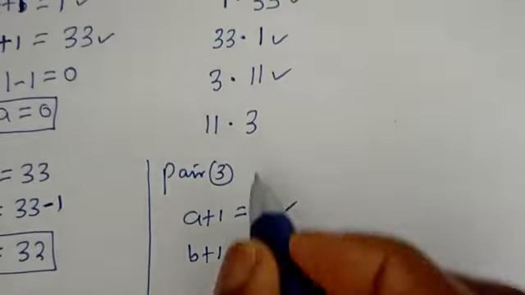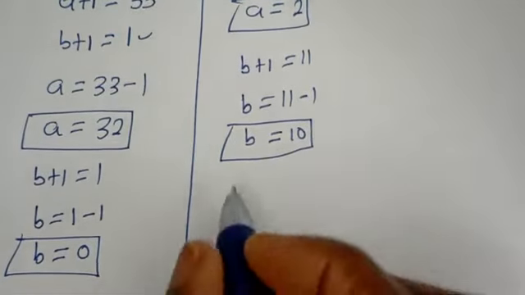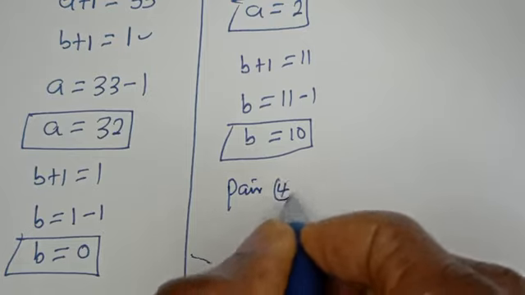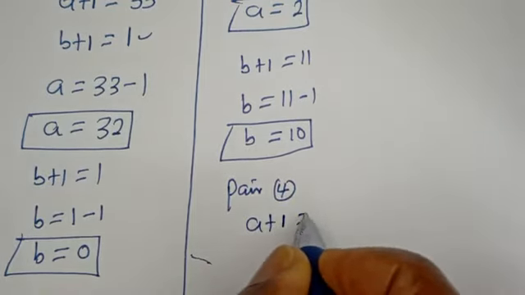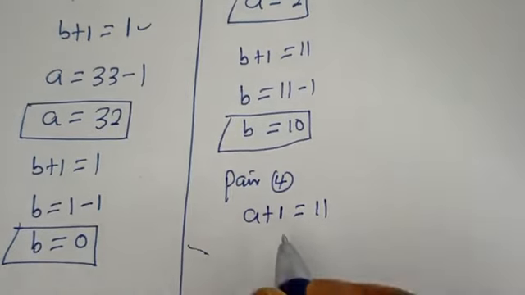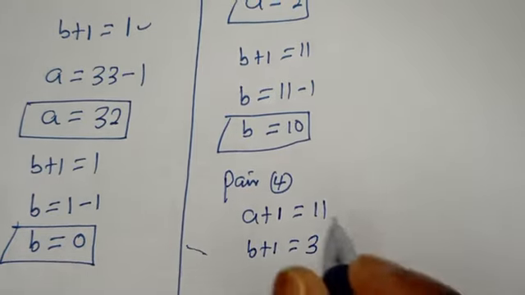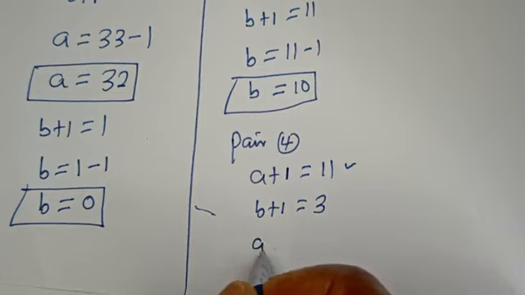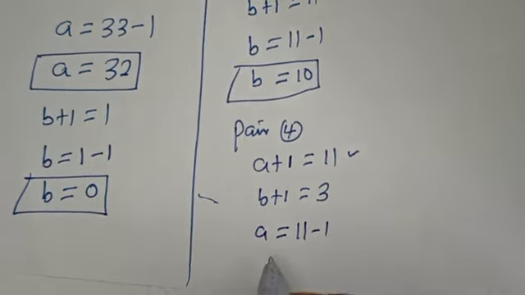Now let us consider the last one, which is this. Pair 4. a plus 1 is equal to 11. Then b plus 1 is equal to 3. Now from here, a is equal to 11 minus 1.